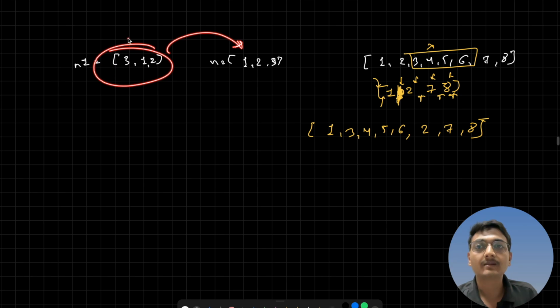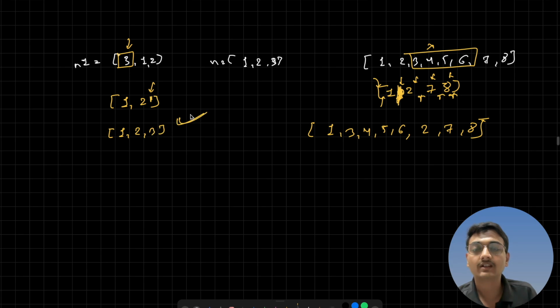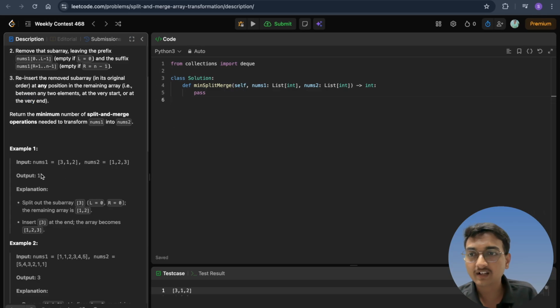In this example, I can definitely pick this subarray, the remaining part will be 1, 2, and I will put this subarray at the last place. So my array will be 1, 2, 3. So in one step, I can get the correct answer.